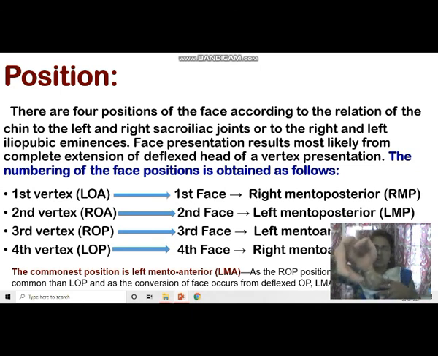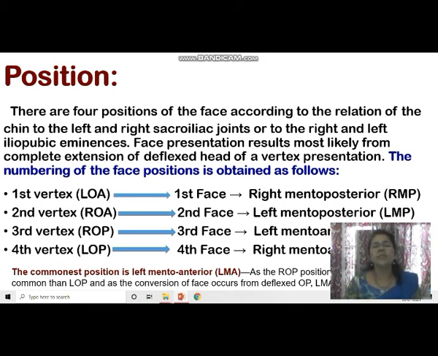In the posterior or anterior position, if the head is deflexed and further extended, it becomes a face presentation. In the normal mechanism the occiput points towards the iliopectineal eminence, but if it is further extended, it becomes the face presentation.